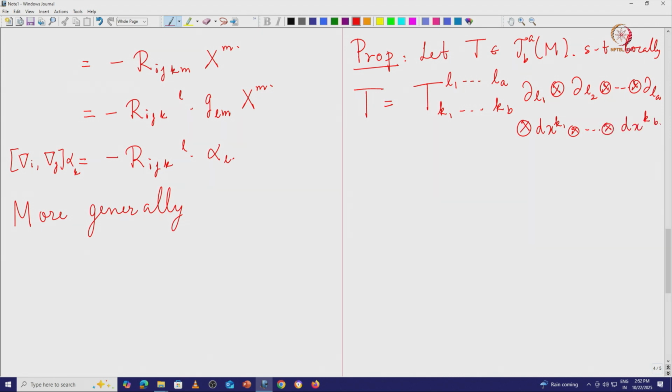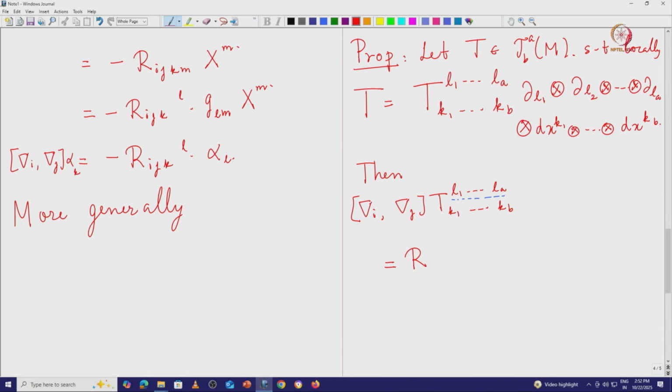Then we have similar commutation formulae. If you calculate the commutator of nabla_i nabla_j acting on T, then the l_1 to l_A, k_1 to k_B component is given in terms of the curvature tensor in the following way. It is a generalization of these formulae that we have for vector fields and forms. Whenever you have contravariant indices, you get a plus curvature term.